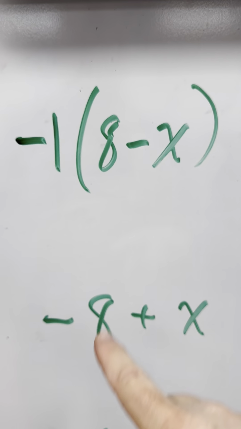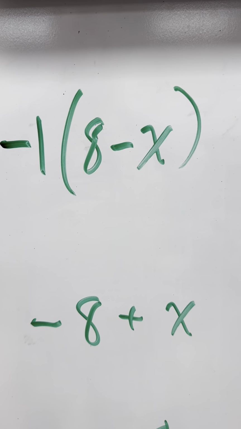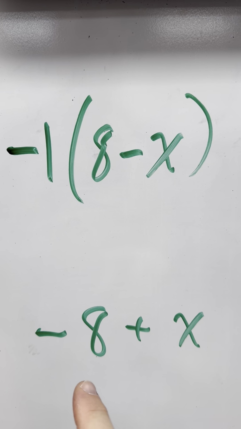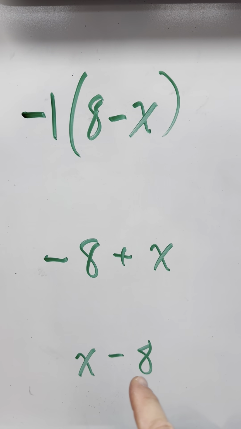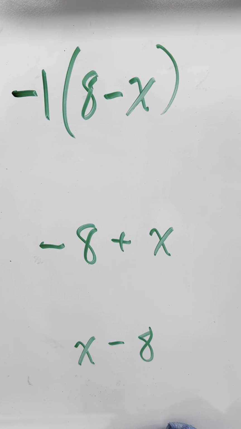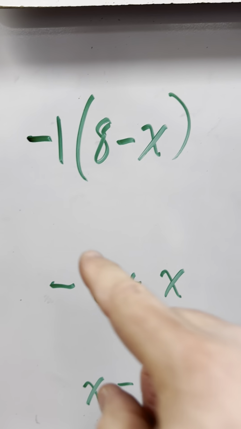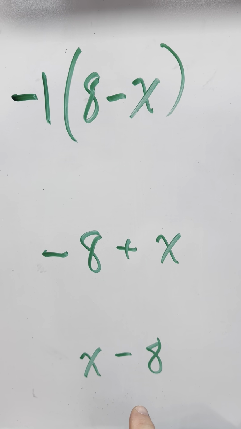Negative 1 times 8 is negative 8. Negative 1 times negative x is positive x, right? So isn't negative 8 plus x the same as x minus 8, if I just flip it around, right? So negative 1 times 8 minus x is the same as x minus 8.